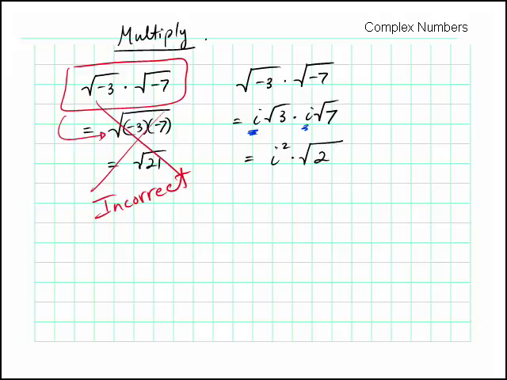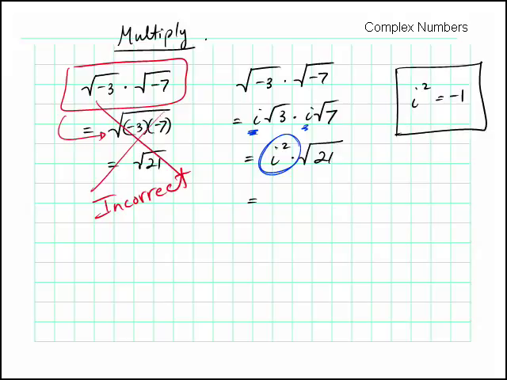So this is square root 21. But I don't leave it like this because, as we mentioned previously, i squared is equal to negative 1. And so whenever you come across an i squared, you can replace it with a negative 1. Negative 1 square root 21. My answer is negative square root 21 here.